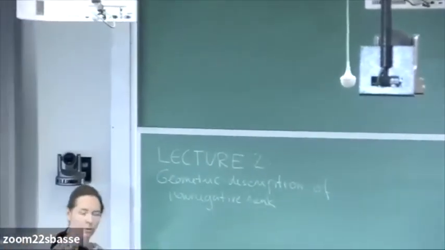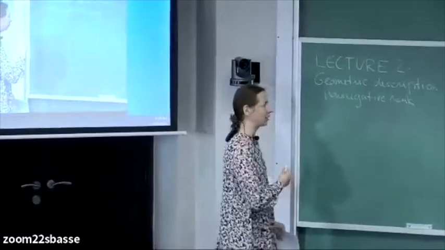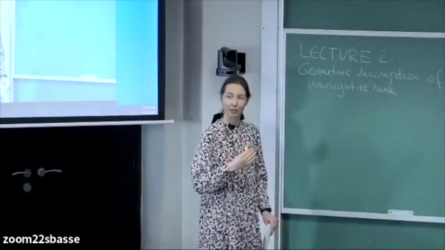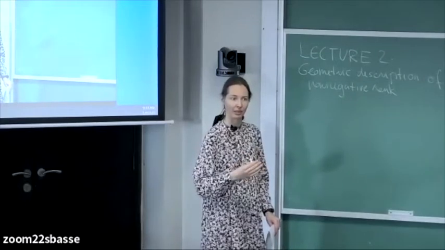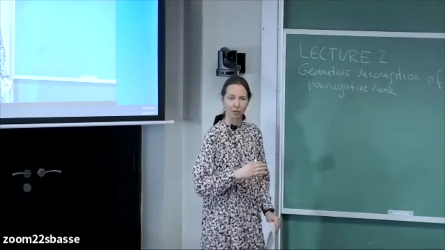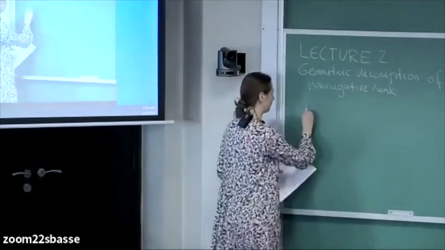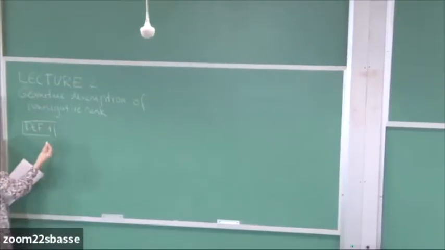Although we're all familiar with cones and polytopes already, I want to give the first definition to fix the notation. I will be talking about finitely generated cones, although yesterday we saw by the Minkowski-Weyl theorem that these are exactly the same as polyhedral cones, but just to make sure that we use the same notation.